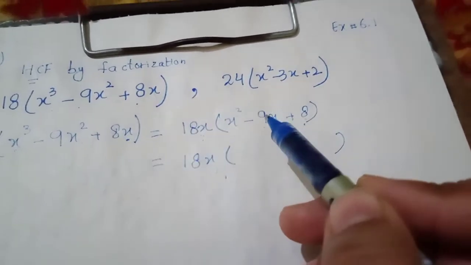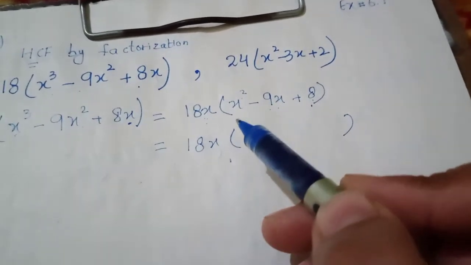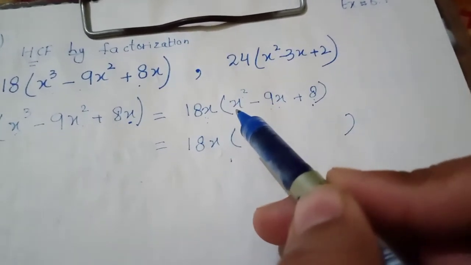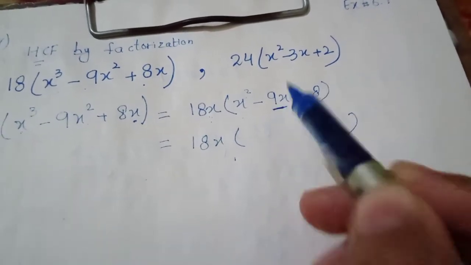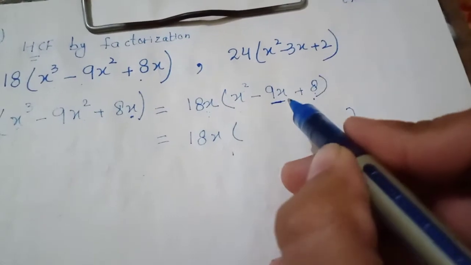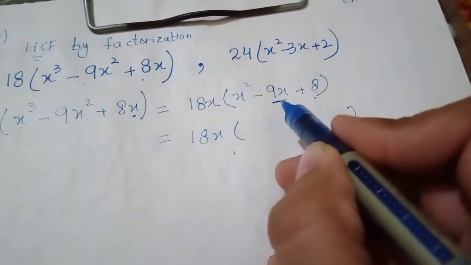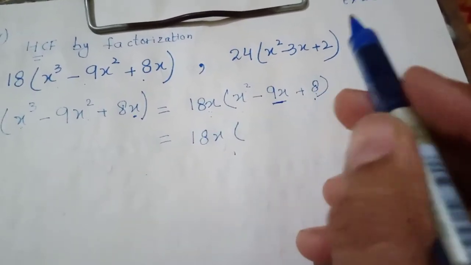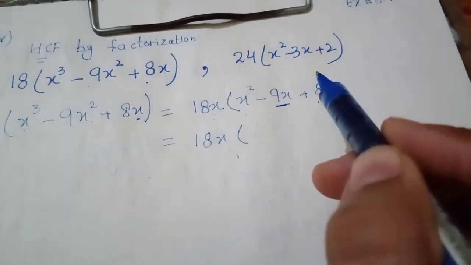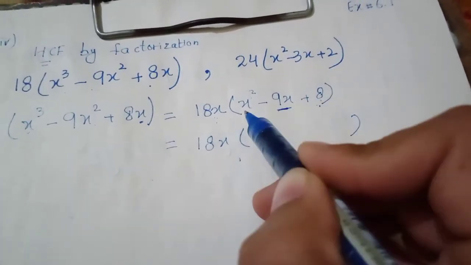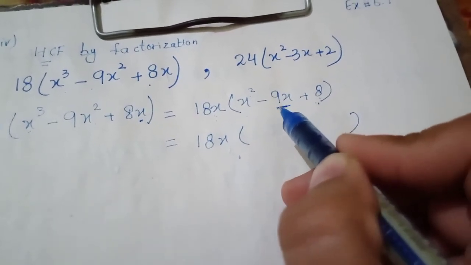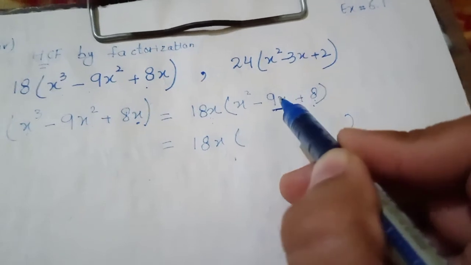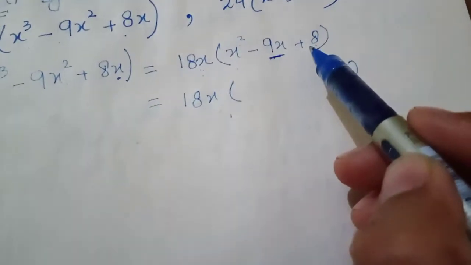The very simple factorization of this expression will be midterm break factorization, in which you break your midterm by finding two numbers. The product will be equal to 8x square, and when you add or subtract those two numbers, the answer must be minus 9.